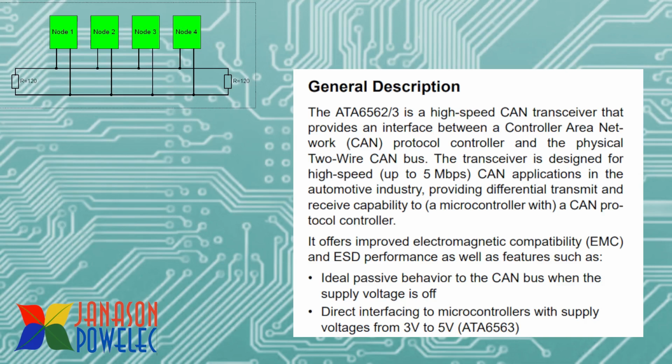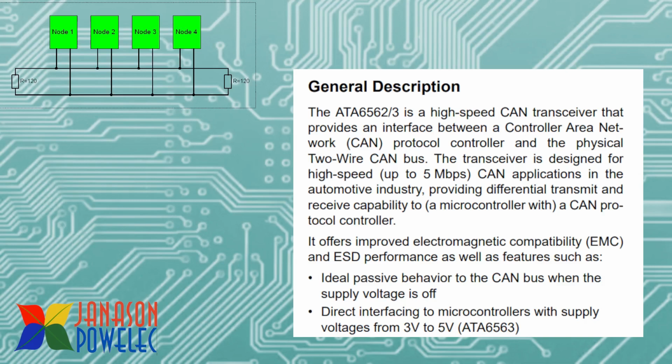The ATA6562/3 is a high-speed CAN transceiver that provides an interface between a controller area network protocol controller and the physical two-wire CAN bus. The transceiver is designed for high speed up to 5 Mbps. That is the latest standard, that is CAN bus FD.